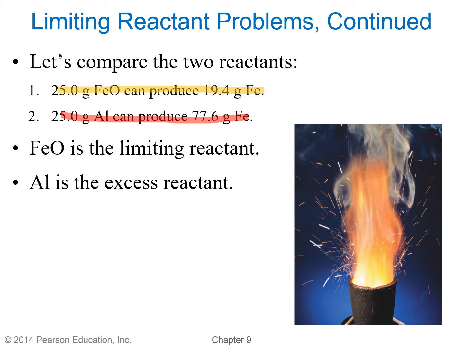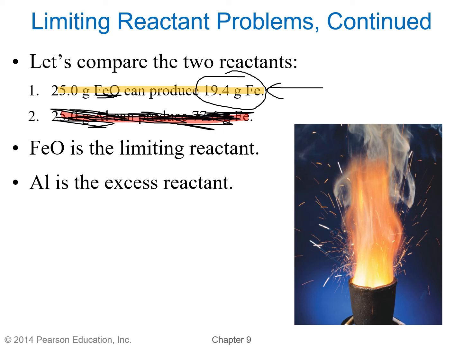So that would be our iron(II) oxide right here. This is our limiting reactant, the iron(II) oxide, which means my theoretical yield is 19.4 grams of iron. And so we forget entirely about this one here. This one no longer means anything to us. Just cross it off. So iron(II) oxide is limiting, and the aluminum is the excess reactant.